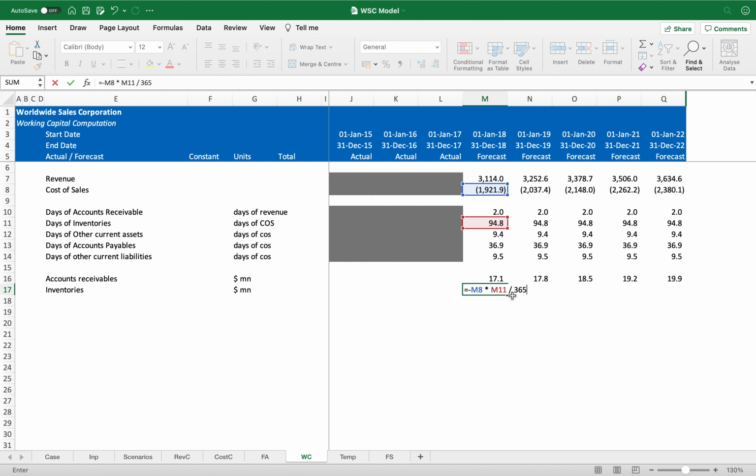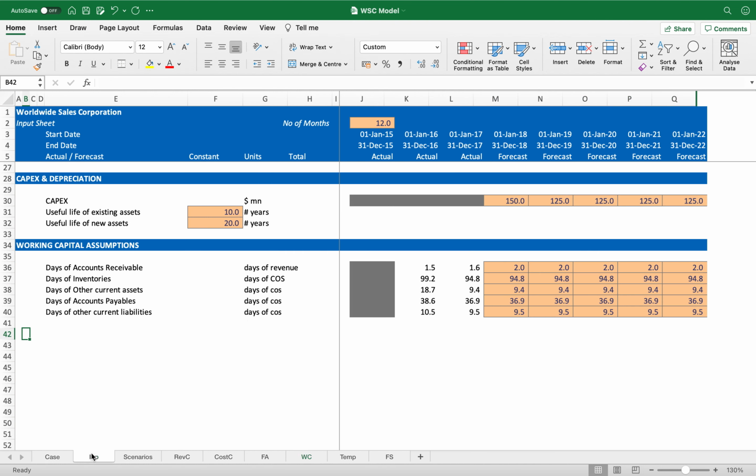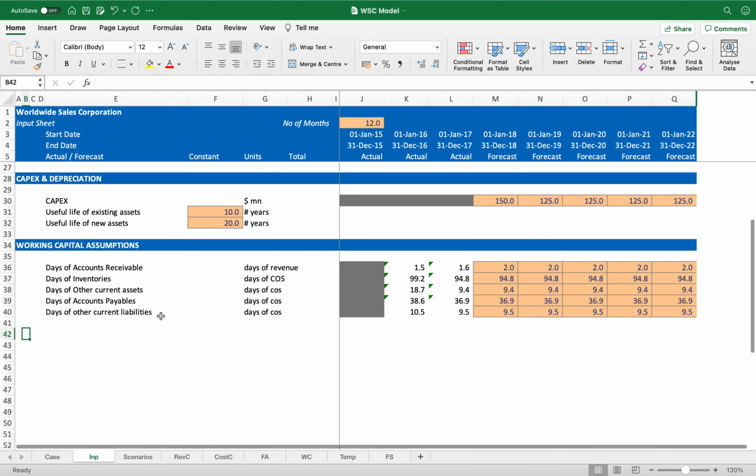Definitely it should be avoided. So if you want to avoid typing down 365 manually again and again, then what should you do? Let's see. I'll remove the receivables also. Come to the input sheet, please.